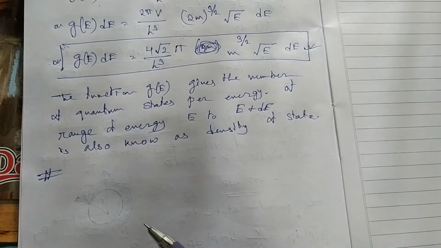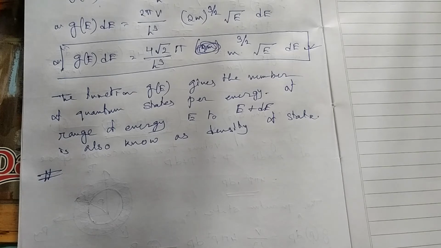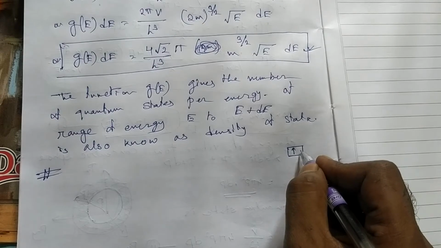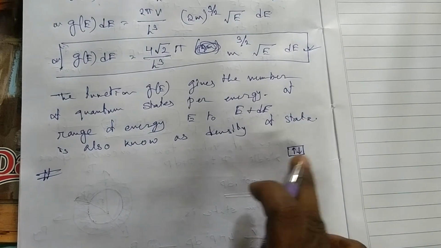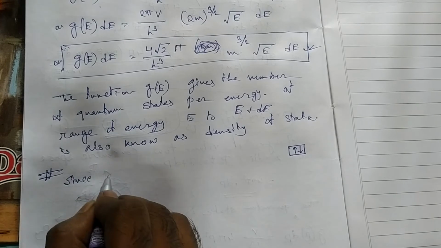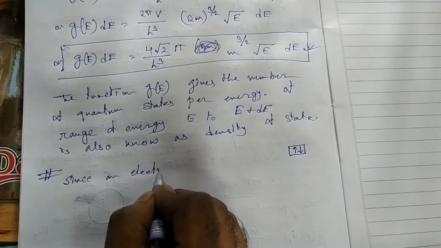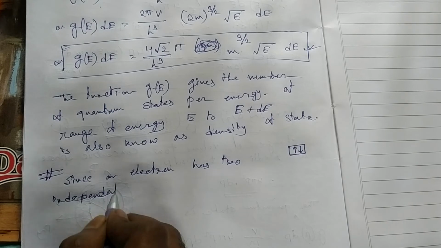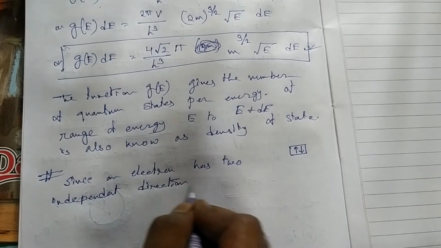Obviously one molecule can occupy one cell, but in the case of the electron it is different. When an electron occupies an energy state, it depends on its spin, and one energy state is occupied by two electrons with two different spins, since an electron has two independent directions of spin.